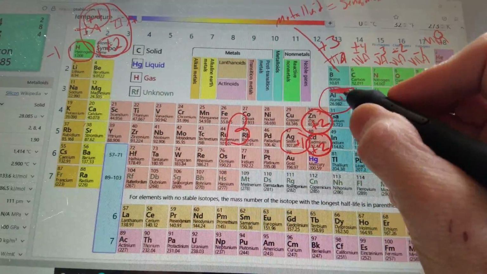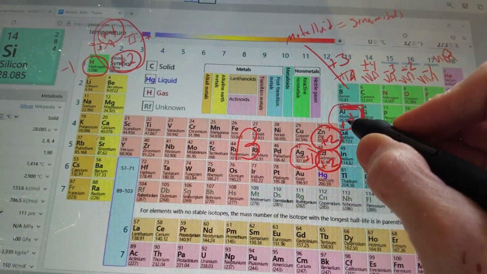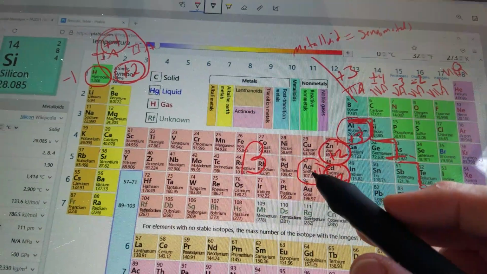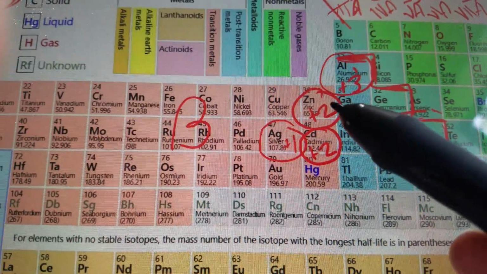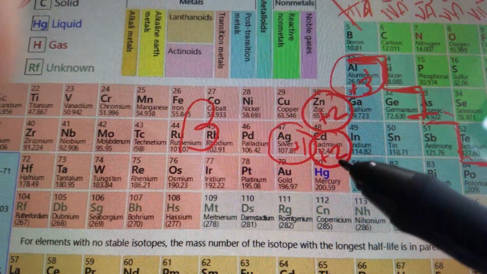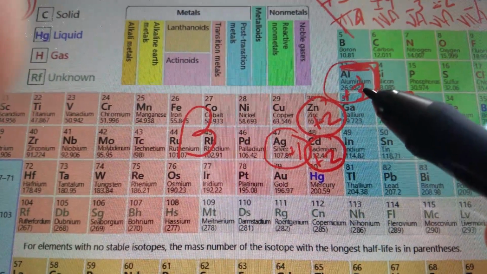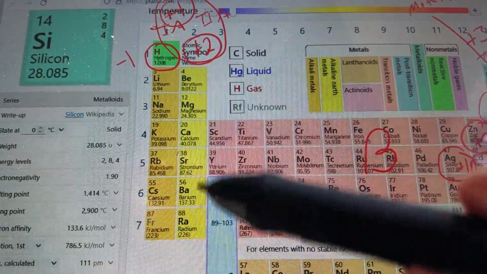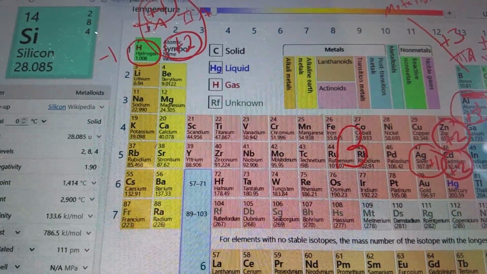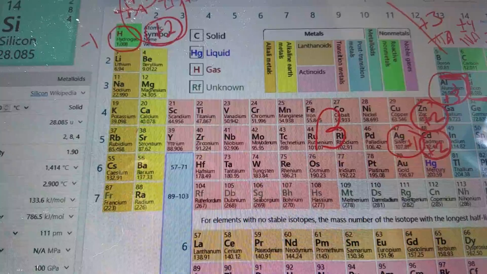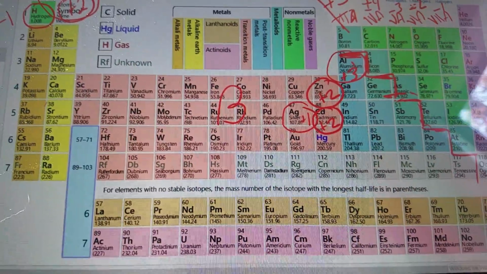And then aluminum up here is always plus 3. So if you can learn those 4 elements, silver plus 1, zinc plus 2, cadmium plus 2, aluminum plus 3, and then these 2 columns, those are the elements that do not need Roman numerals because we know their charge, their oxidation state.